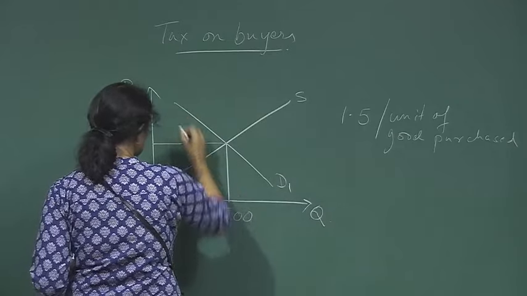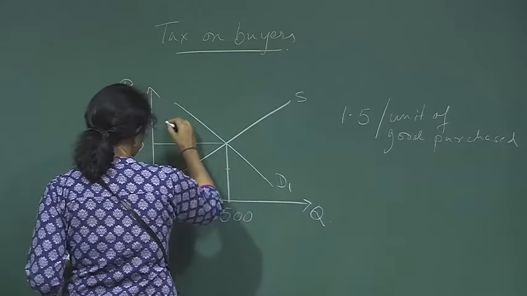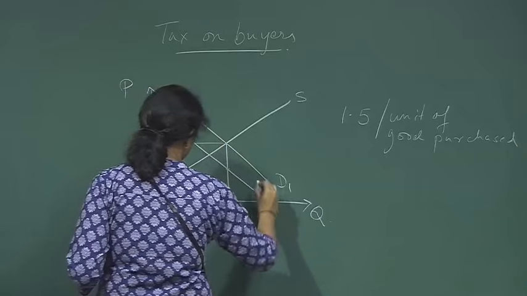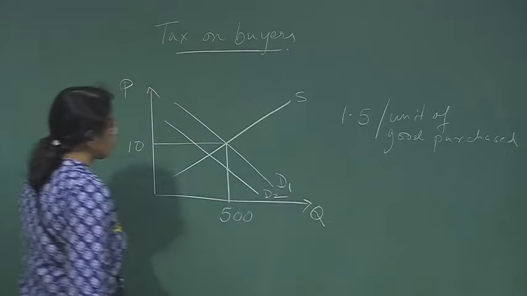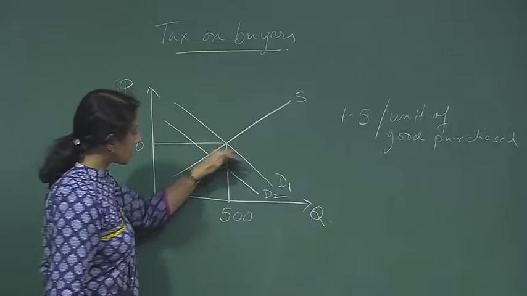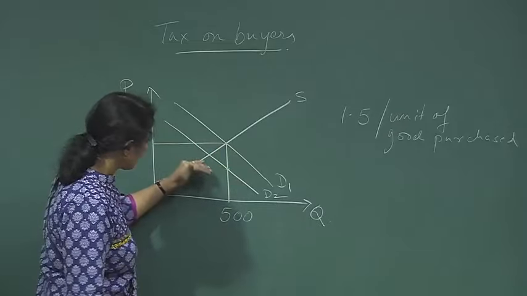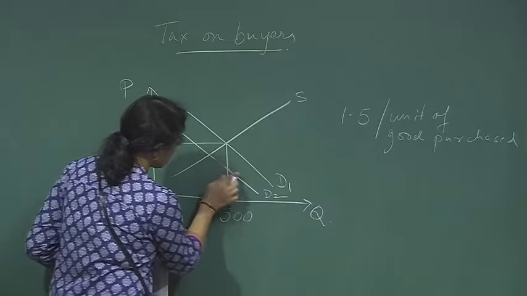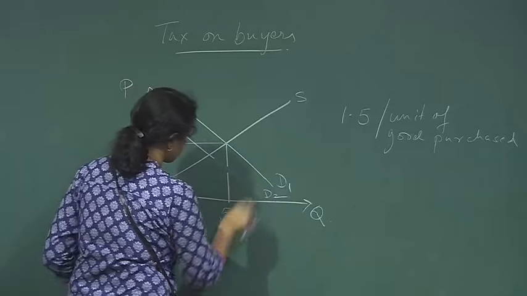So this demand curve shifts parallelly downwards. I'm sorry if it does not look parallel. Let me try to draw it slightly better.